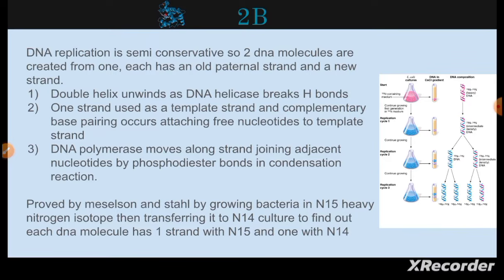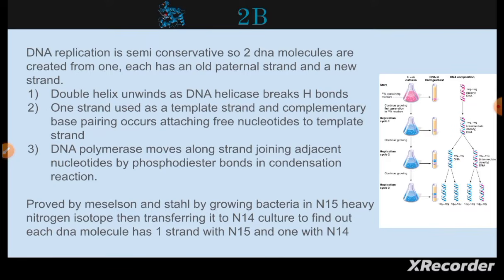How do we know that it's semi-conservative? How did we prove that? Two scientists called Meselson and Stahl proved it by growing bacteria in N15. Isotope is the word. N15 is an isotope of nitrogen, so it's a heavy nitrogen isotope.